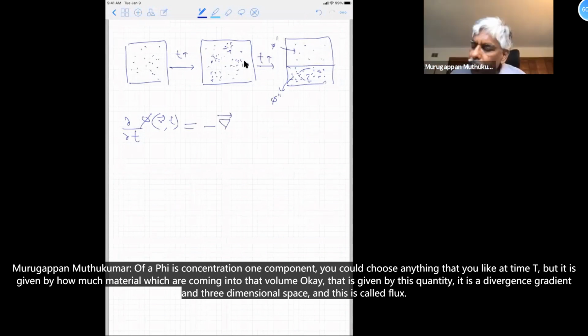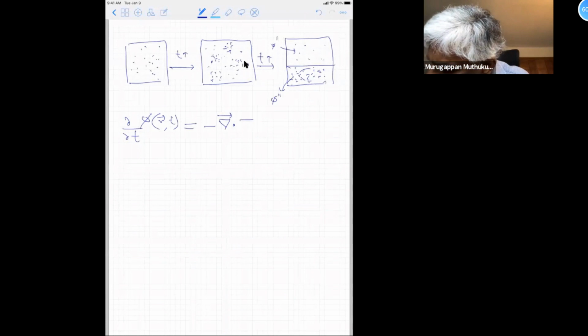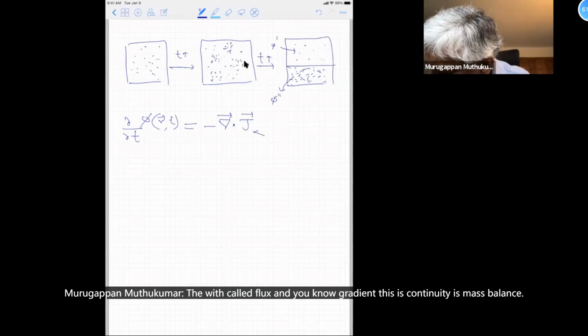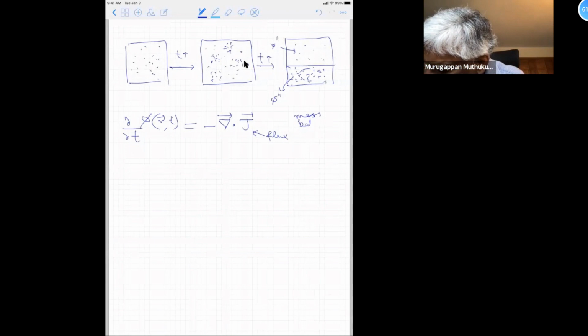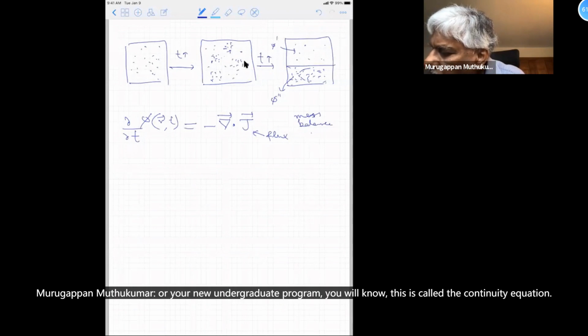This is divergence, gradient in three-dimensional space, and this is called flux. This is continuity. This is mass balance, or in your undergraduate program, you'll know this is called a continuity equation.